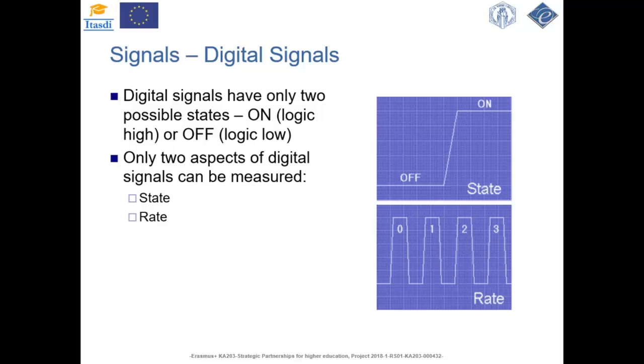So that's one of the aspects of a digital signal that we can measure, whether the state is on or off. And we can also measure the rate. By this, I mean that a digital signal changes state with respect to time. So we can measure the rate of how the digital signal changes the states over time.